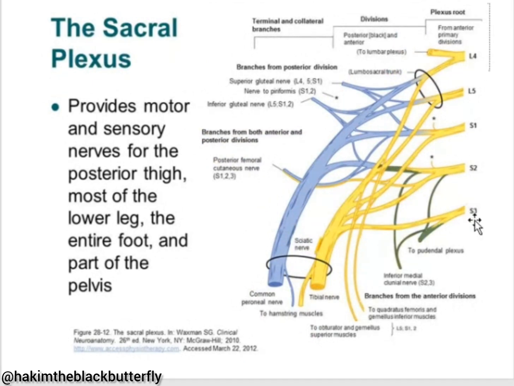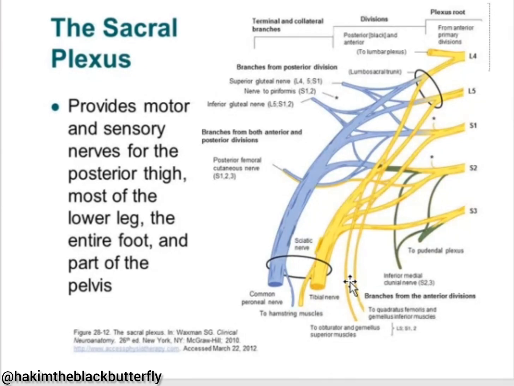Then the sacral plexus, from L5 up to S3 plus one root from the lumbar plexus, L4, contributes to the nerve supply of most of the other muscles of the lower limb.